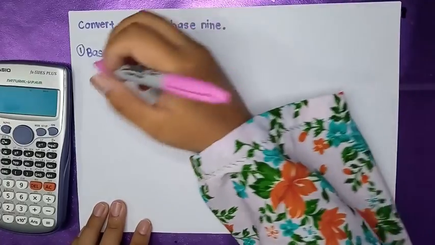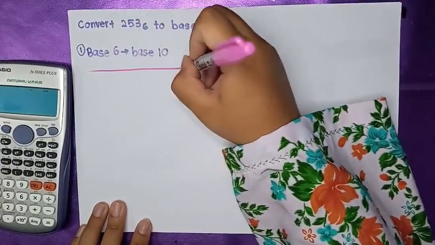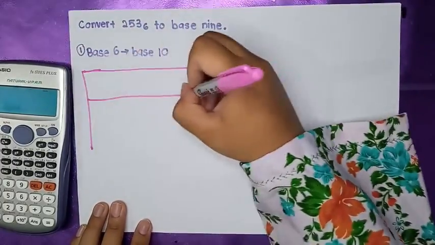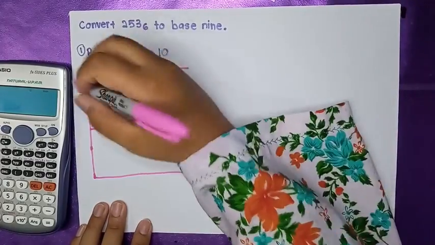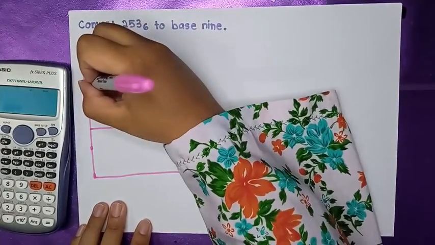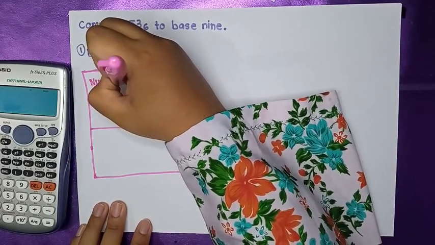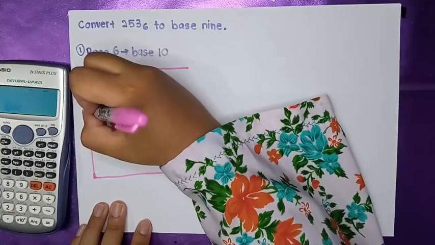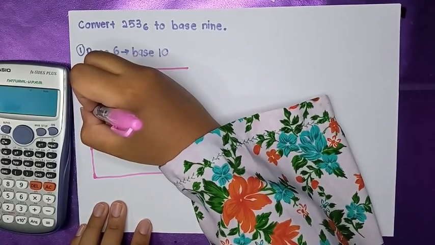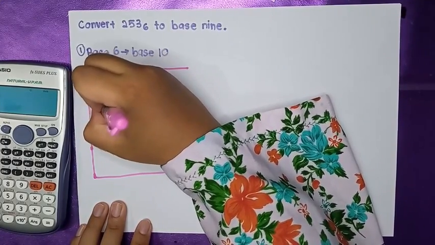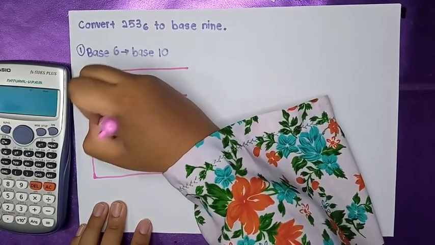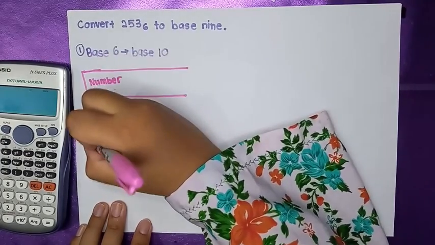First we're going to draw a table. Here is the number, here is the place value, and then the number value.